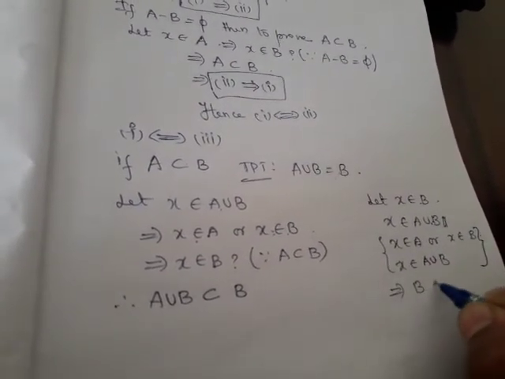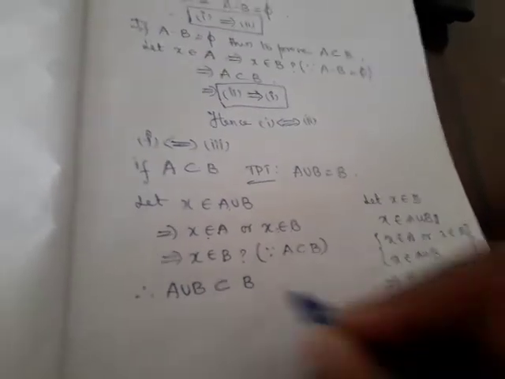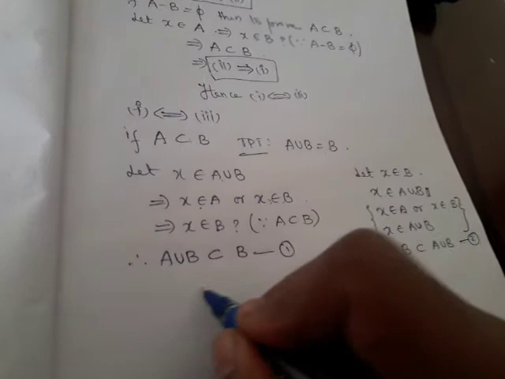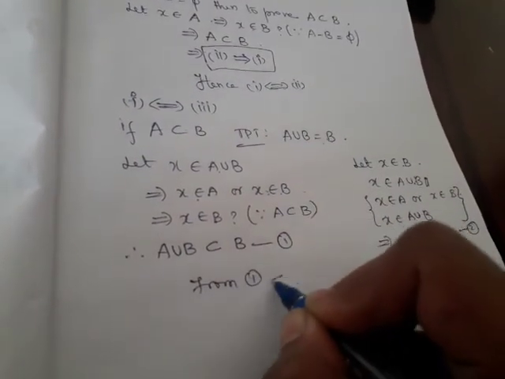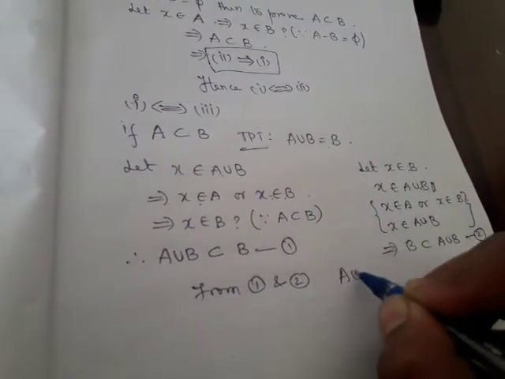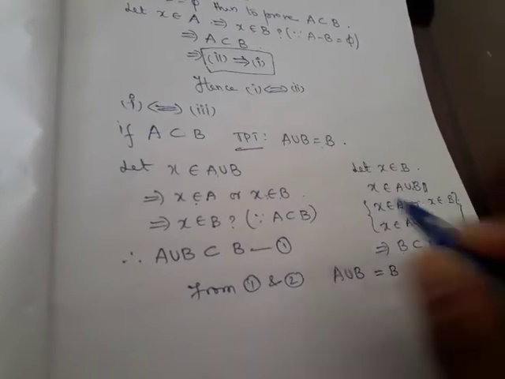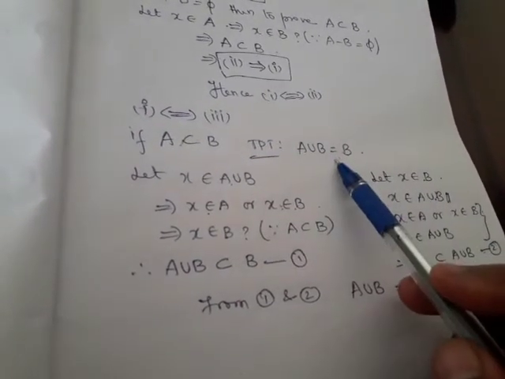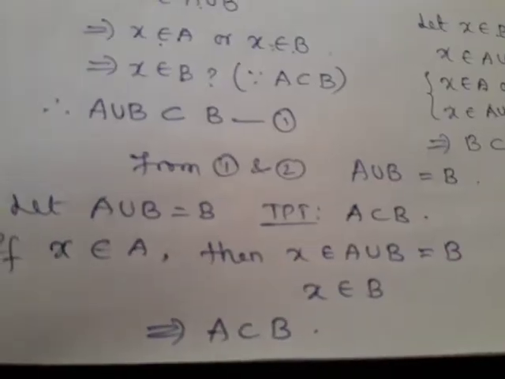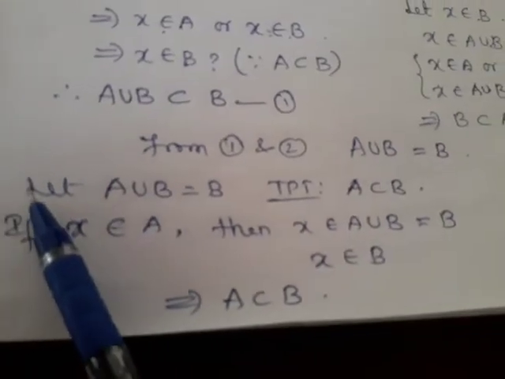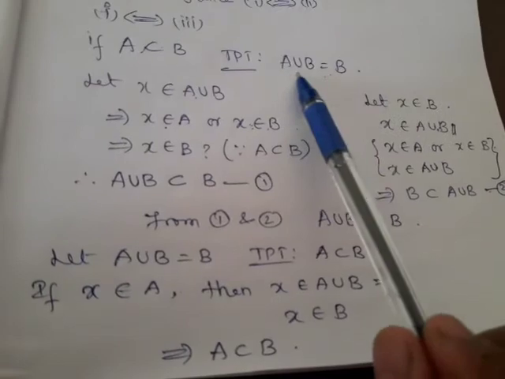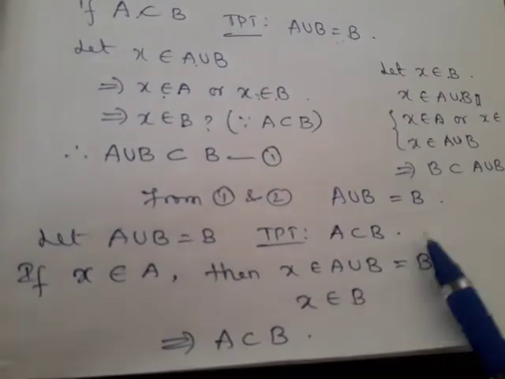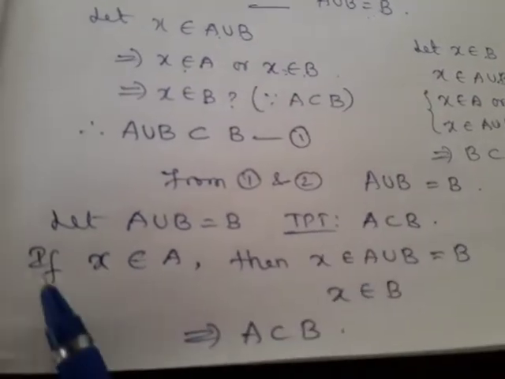Therefore this implies B is a subset of A union B. So from 1 and 2, A union B is equal to B. So statement 1 implies statement 3. Now the other way we need to prove, right? In the sense we are going to assume this and we are going to prove this. So let A union B be equal to B, we need to prove that A is a subset of B.